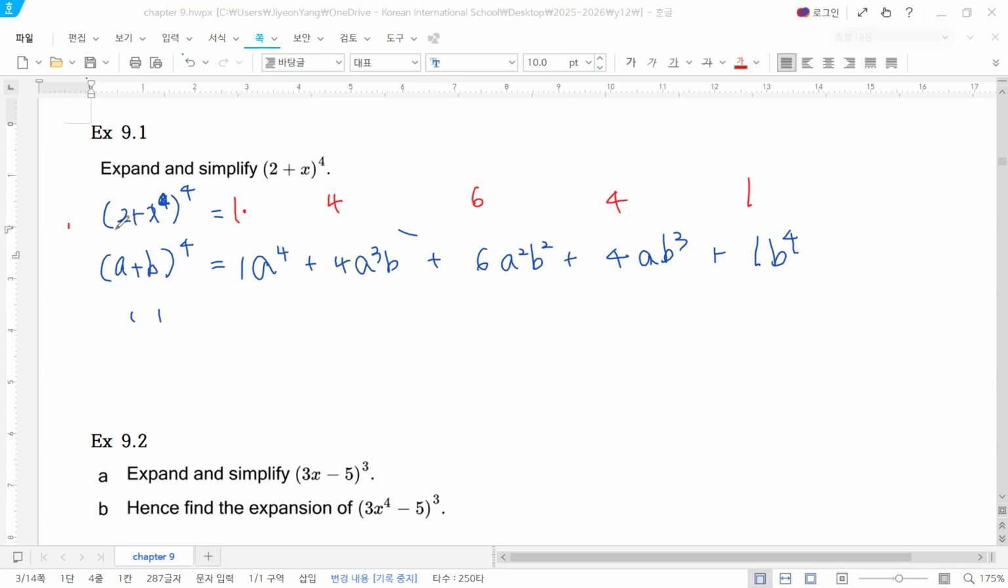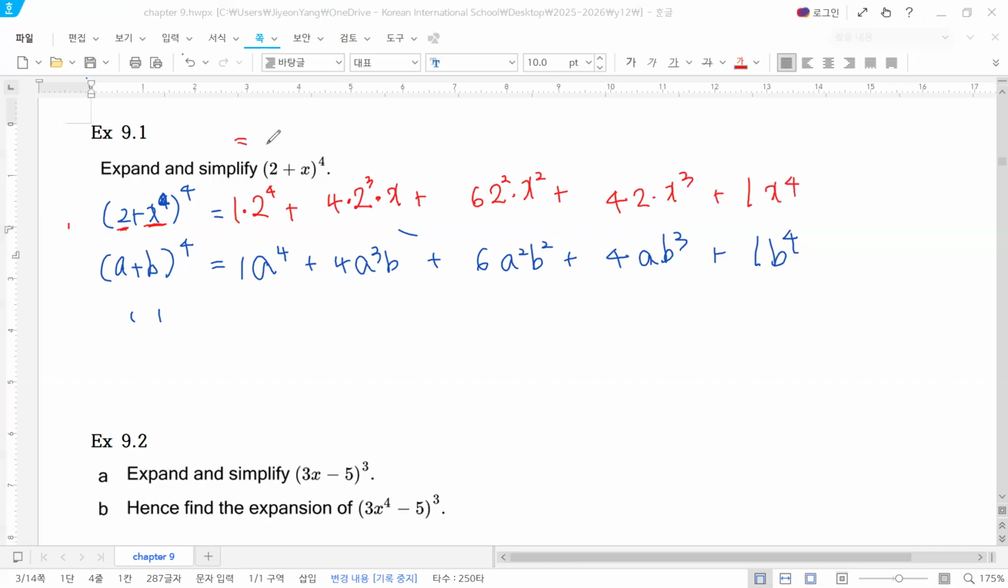And then substitute 2 for a, so 2 to the power of 4 in this case, times, instead of a, 2 cubed times, instead of b, write down x. And then 2 squared, x squared, 2 x cubed, x to the power of 4.